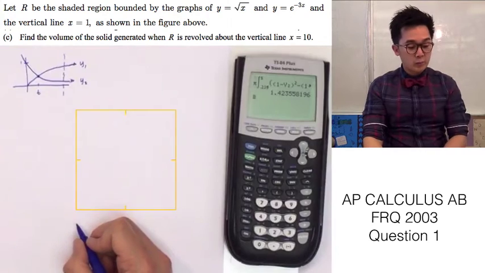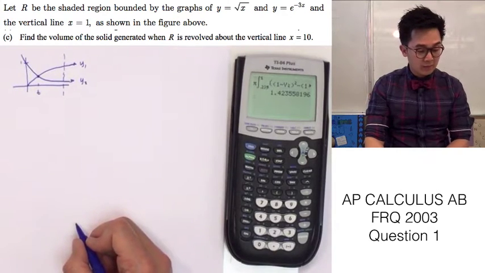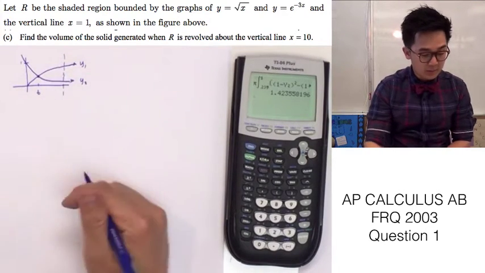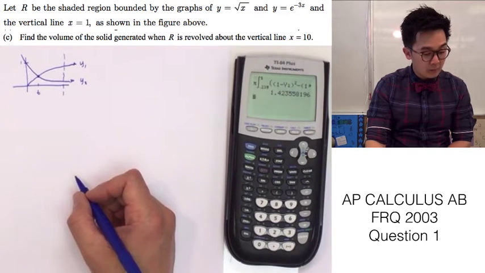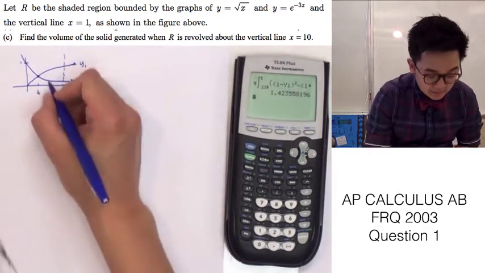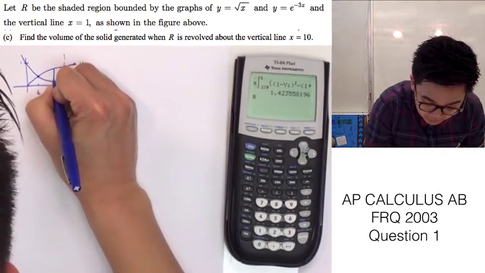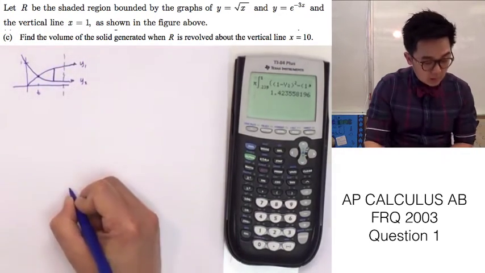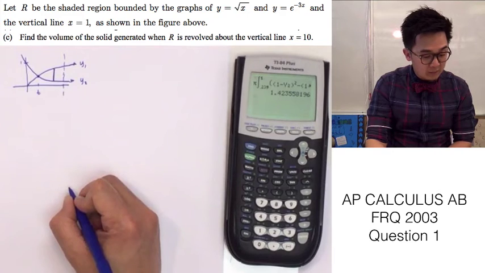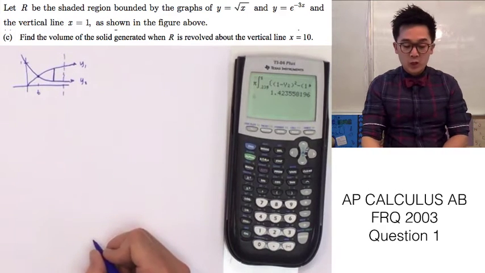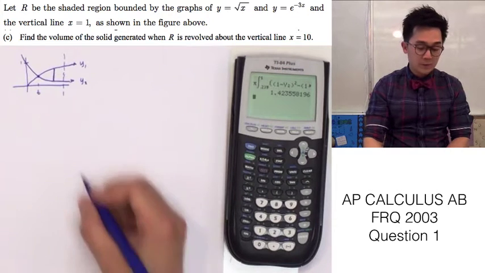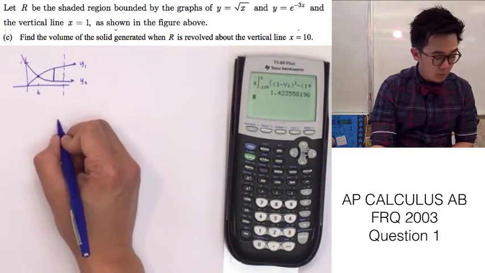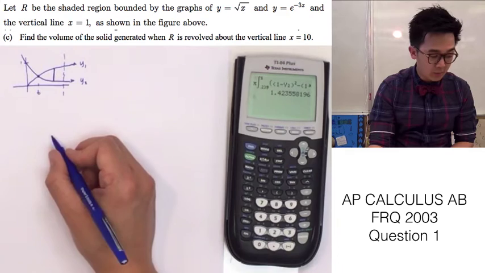And according to this problem, the base of the solid R, the cross-section perpendicular to the x-axis, is a rectangle whose height is 5 times the length of the base. So first we're going to find the formula for finding the volume of this solid.